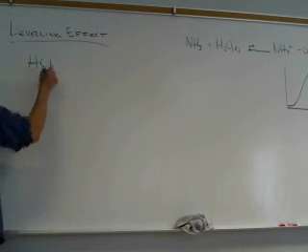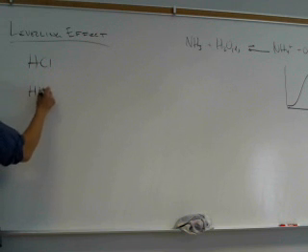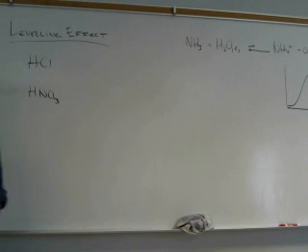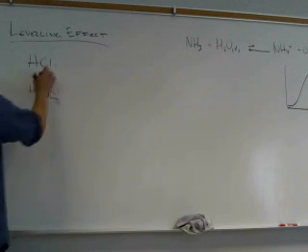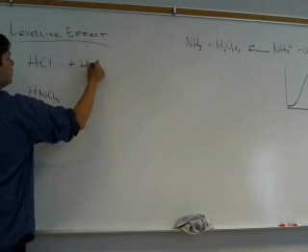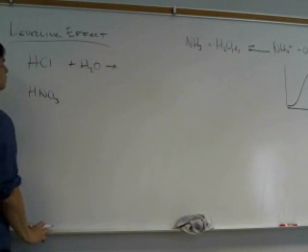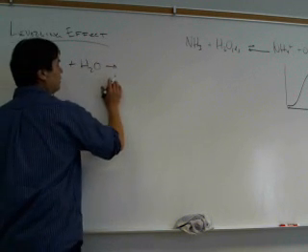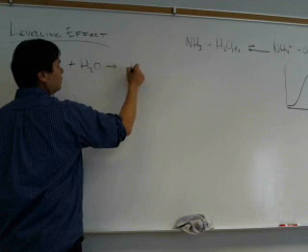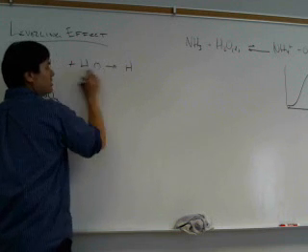What's stronger, HCl or HNO3? What's a stronger acid? We look at the chart, and it turns out HCl is a stronger acid. And so HCl is a better acid. We react that with water here, and we're going to form what? Well, strong acids do what?